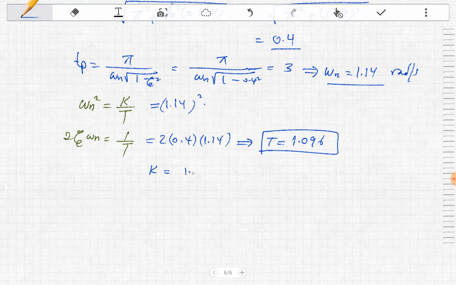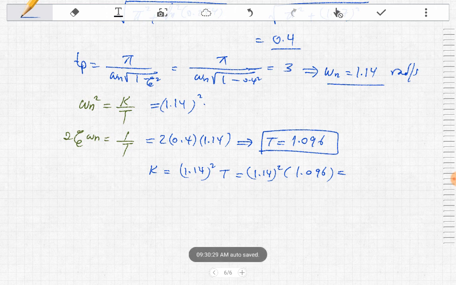K will be equal to 1.14 squared times T, which is 1.096, times this. Doctor, this is 1 over T. No, this is 1 over. That's the answer. I advise you, when you go home, solve it again. Maybe you'll find some numerical error. It's 1.42. Okay. So you found the unknowns.